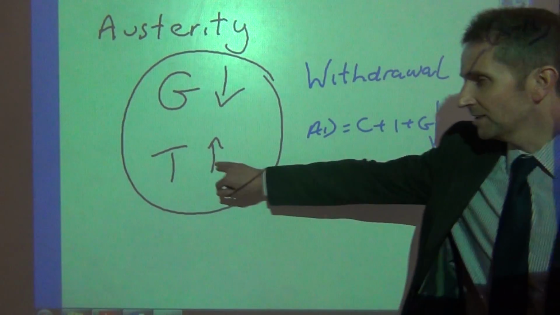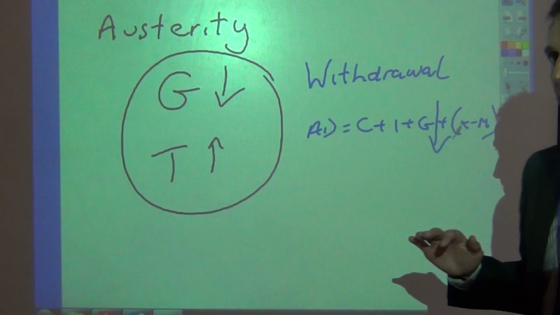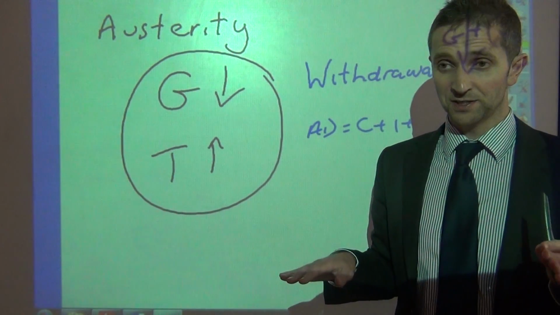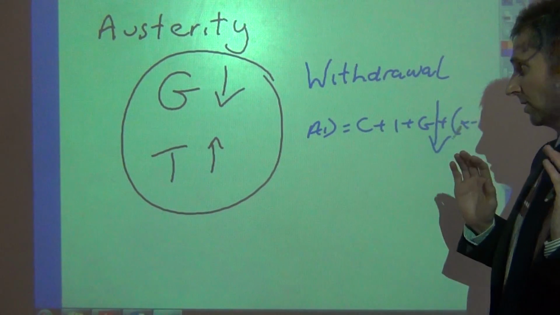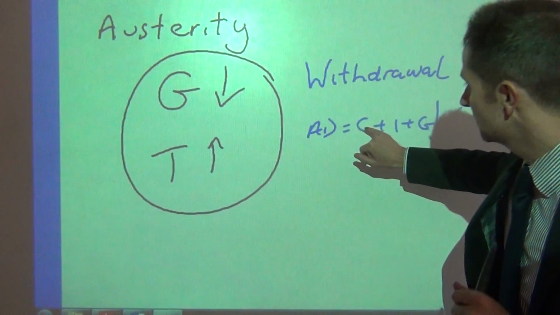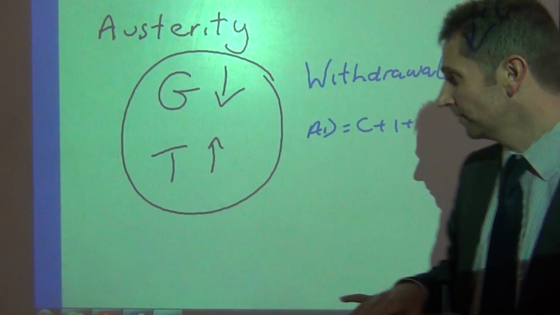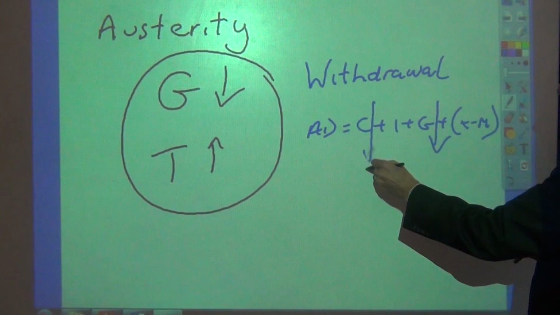And let's not forget T, taxation. Now that could be taxation falling on businesses in the form of corporation tax, although corporation tax has been cut. So it's more likely to be falling on the employee, and hence consumption levels are more likely to fall.